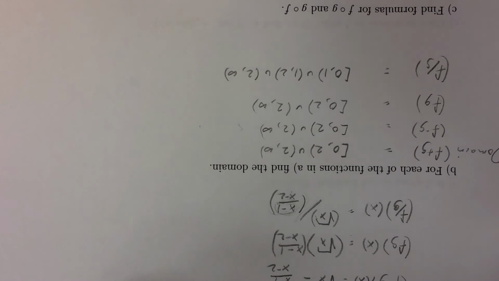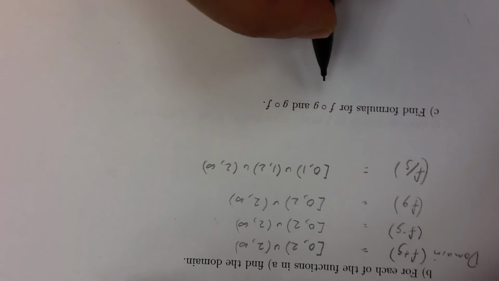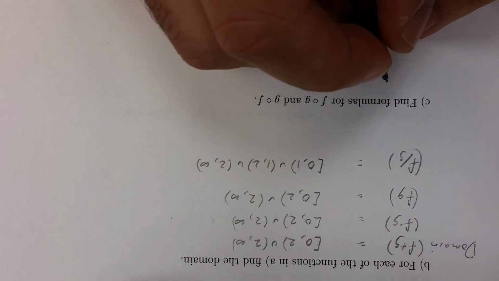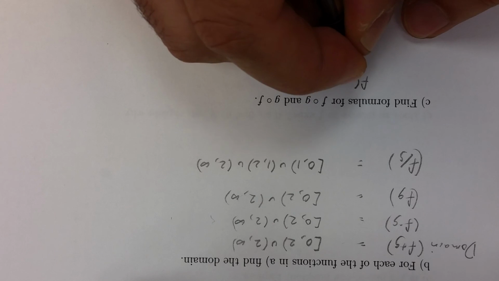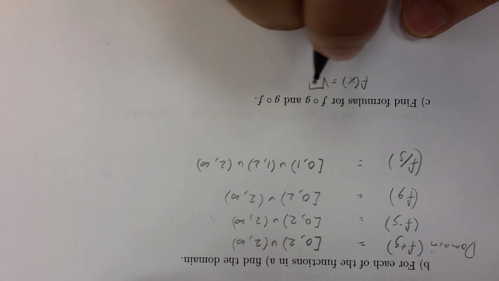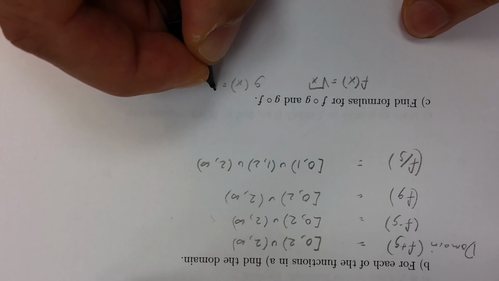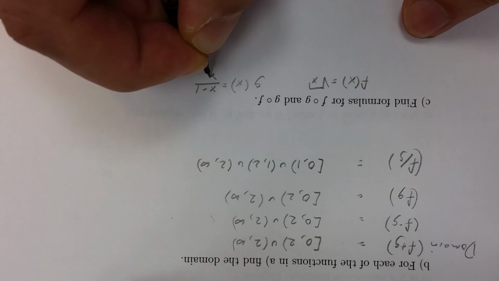Now we're going to find formulas for f composed with g and g composed with f. So let me just rewrite f and g down here so you can see what they are. F of x equals the square root of x, and g of x equals x minus 1 all over x minus 2.